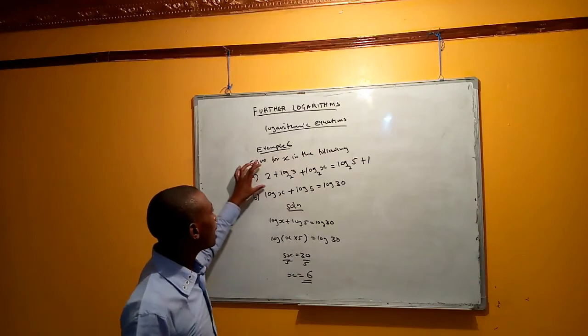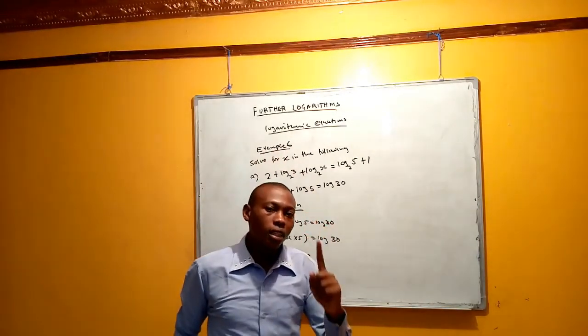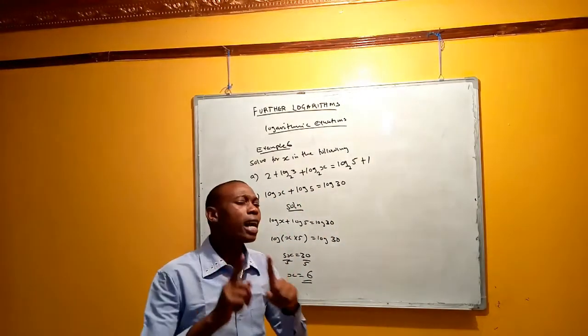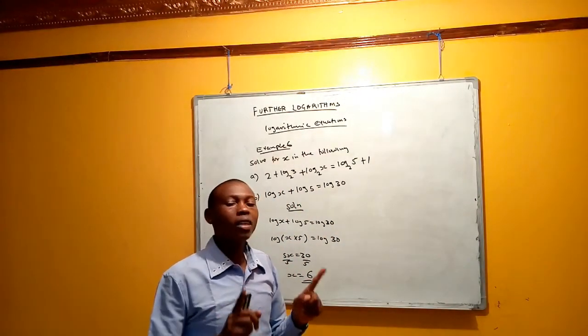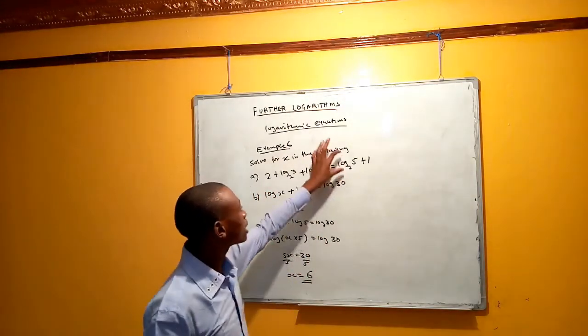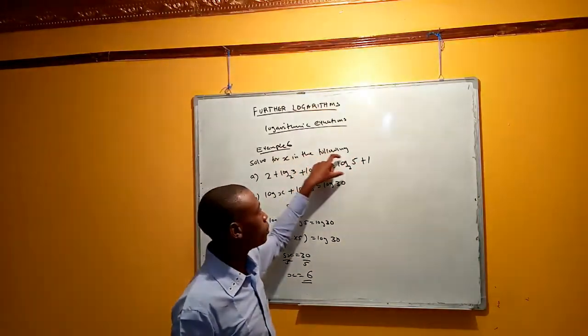Remember, this must be done when all the bases are the same. If they are different, then you are not going to do it the correct way, because you must write everything under a common logarithmic base.